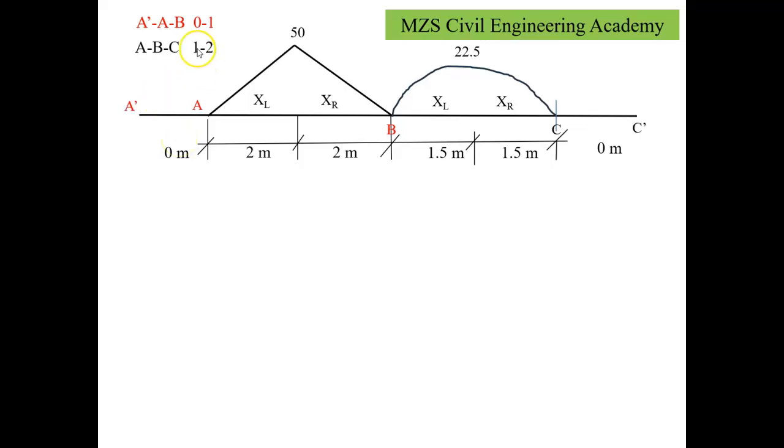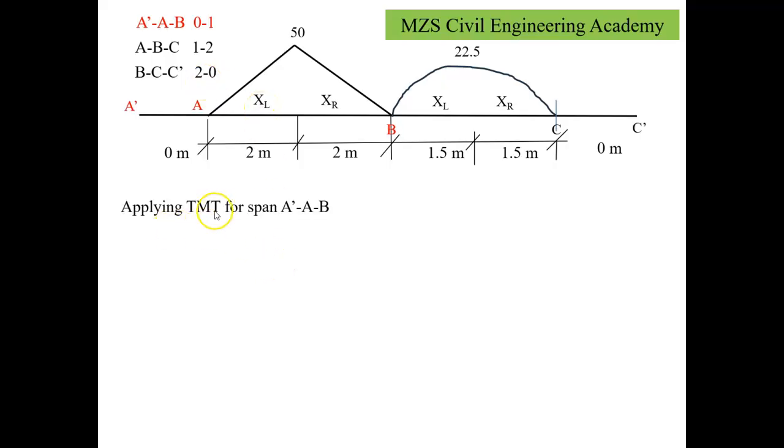Next we will replace this with the next geometry, A B C and spans 1 and 2, meaning I am going to consider the joints A B C and spans 1 and 2 for writing the second equation related to Clapeyron's theorem. Next, we will consider the joints B, C, C dash, which spans we will consider here: span 2 and the 0th span on the right hand side. Likewise, we have three combinations, and from these three combinations we are going to get three different relationships.